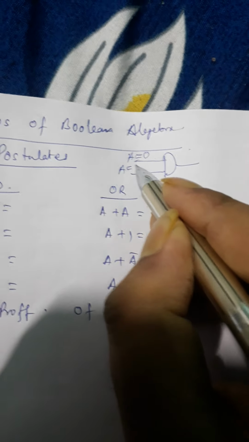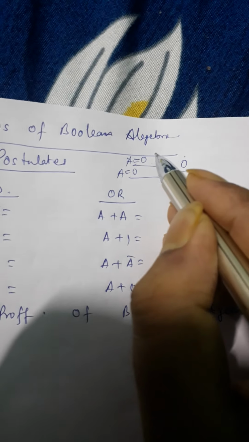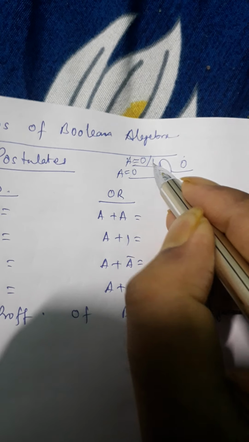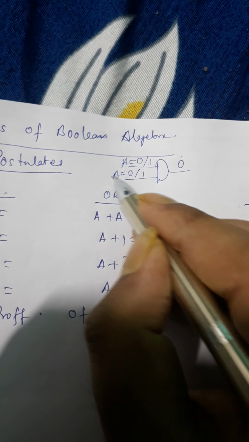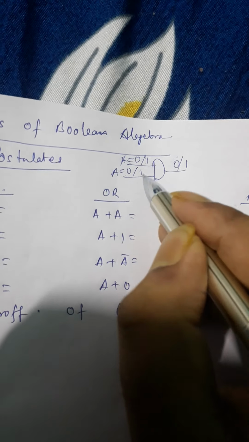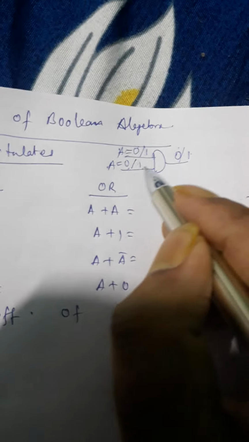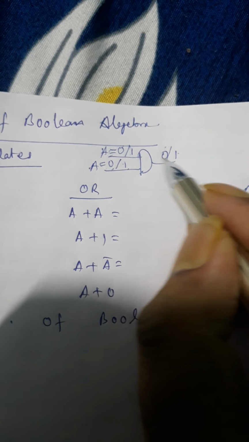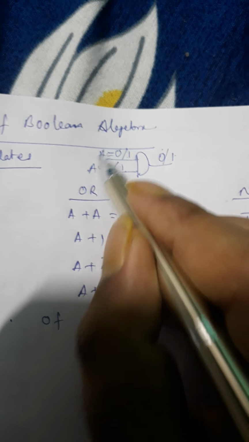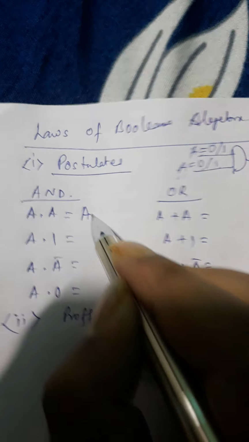So in both the cases A will be 0, and the output will be 0. If you assume A as 1, then the output will also be 1, because 1 1 means 1, 0 0 means 0. So what we are seeing here, the output is actually just the input A. So we can write, A dot A is equal to A.